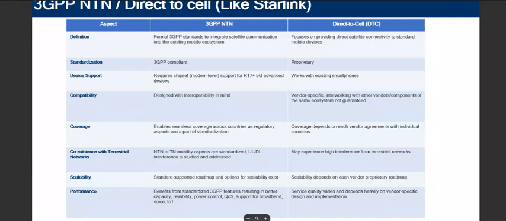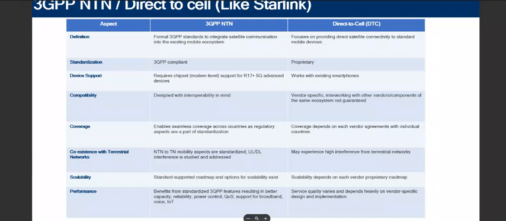It will experience high interference from terrestrial networks, because they'll be following their own channel, which might be used by other 3GPP NTN telecommunication companies. So that is one disadvantage here.